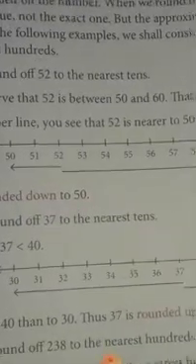Example first: round off 52 to the nearest tens. Solution: observe that 52 is between 50 and 60.